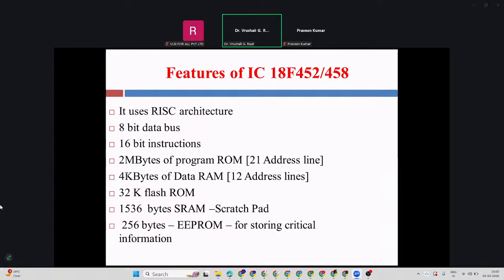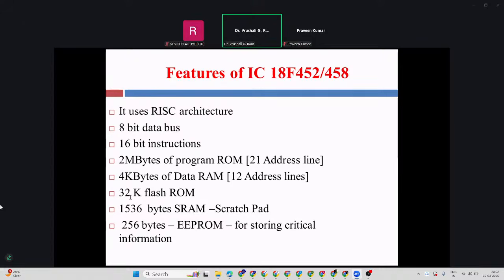Then 4 kilobyte of data RAM. And as we are saying 4 kilobyte of data RAM, how many lines are required to address them? 12 lines are required to address them. Are you understanding this? Did you get it?